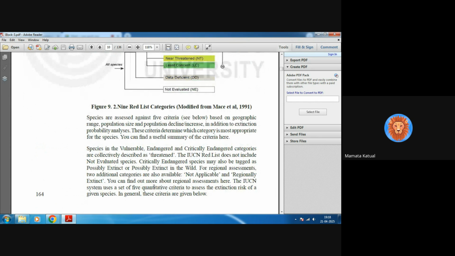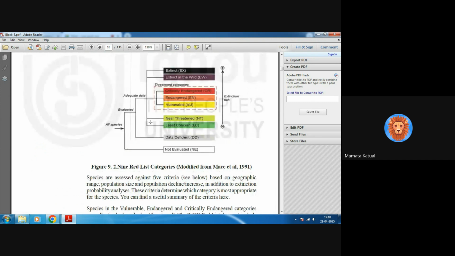So the IUCN Red List doesn't include not evaluated species. Actually, the category present below is not evaluated, that means the IUCN has not evaluated it.